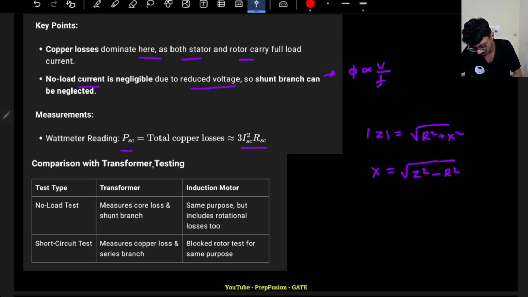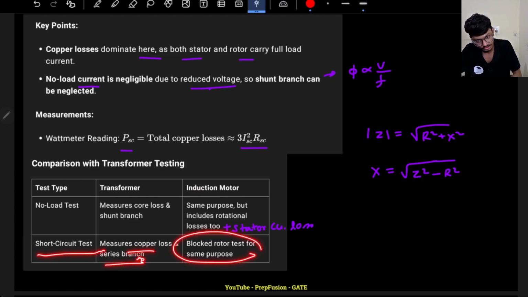These are the comparisons with respect to the transformer. The no load test in a transformer measures the core loss and the shunt parameters. It is the same in the case of an induction motor, but rotational losses are there plus the stator copper losses. In the case of the short circuit test, we measure the copper loss and the series branch parameters for transformers.